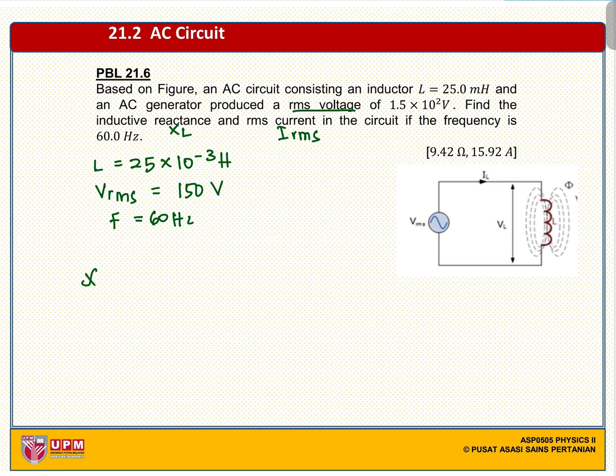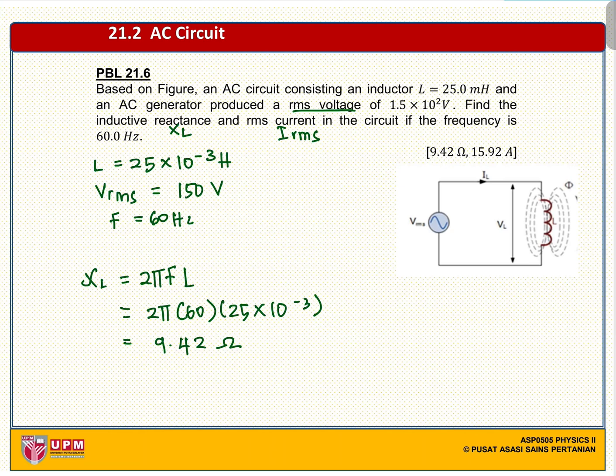Okay, nak cari XL, kita guna equation 2 pi F darab dengan L. So F awak adalah 60 dan L awak adalah 25 darab 10 kuasa negatif 3. You will get your XL as 9.42 ohms.